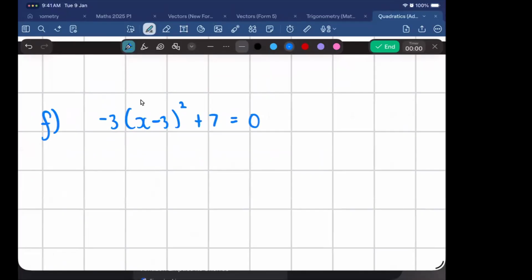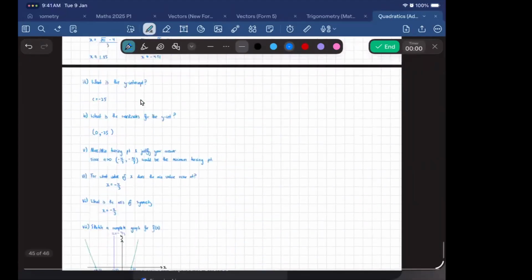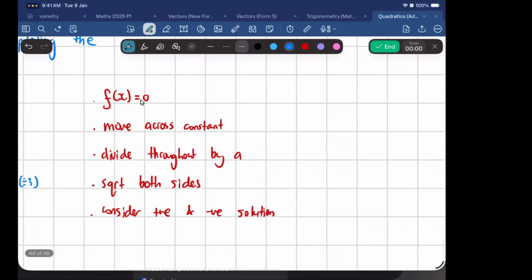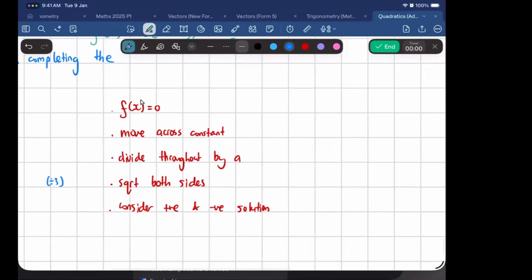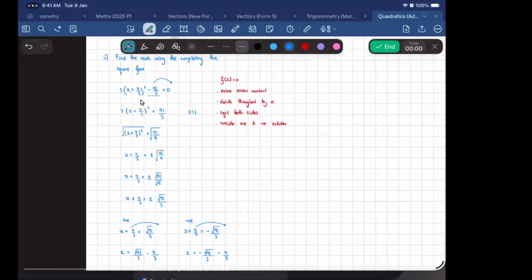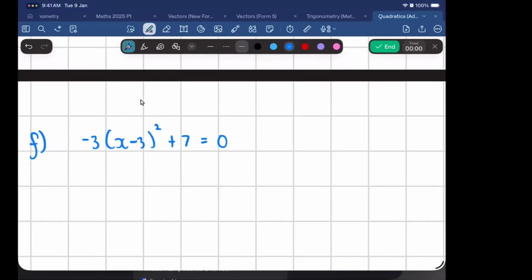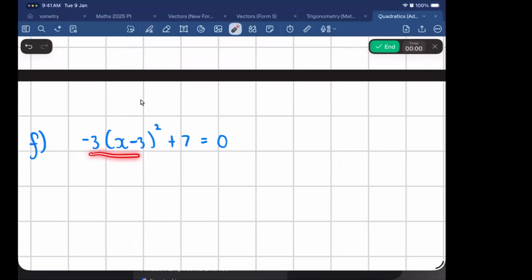So, Caleb, I would implore you to reference these steps. After we put it equal to 0, what are we gonna do? Move the constants across, divide throughout by a, square root both sides, and then consider the positive and the negative solution. So tell me, what term here is the constant?